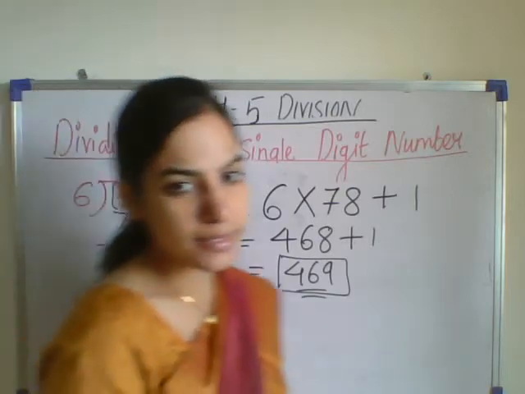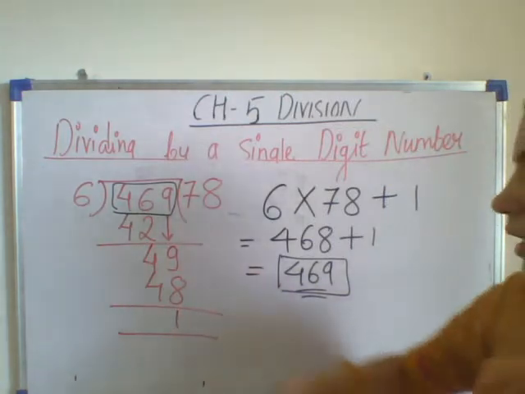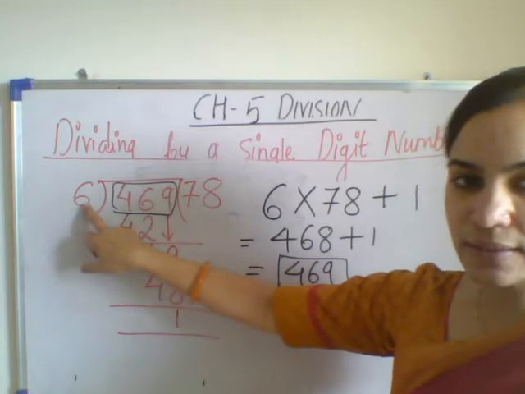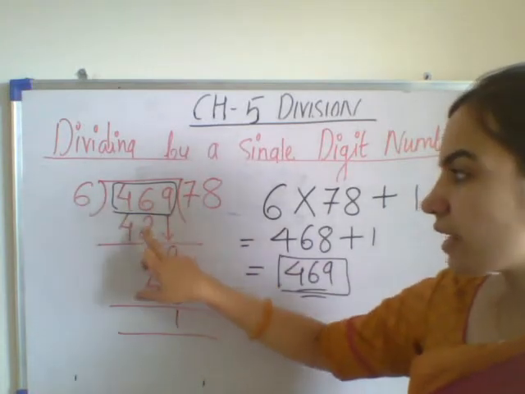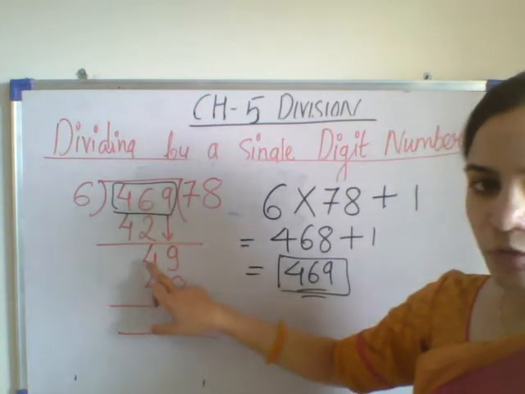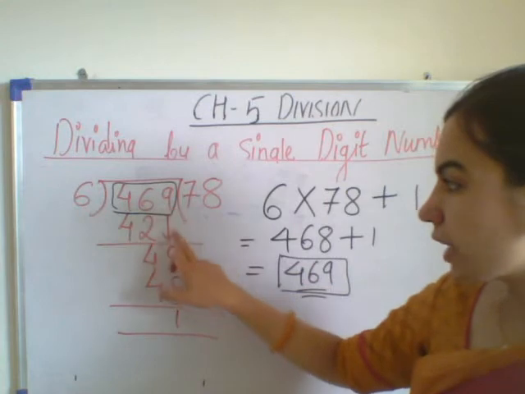So again let us revise how to check the division. Here you have to divide 469 with 6. So 6 7s are 42. 6 minus 2 I have written 4. 4 is smaller than 6, so we have to carry down this 9.